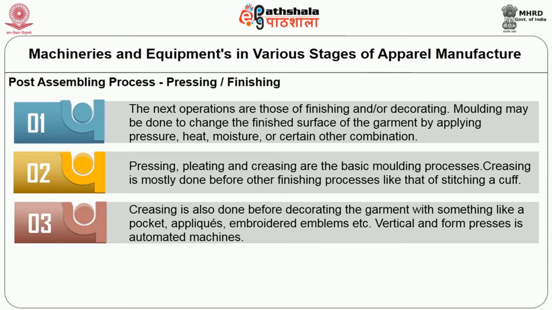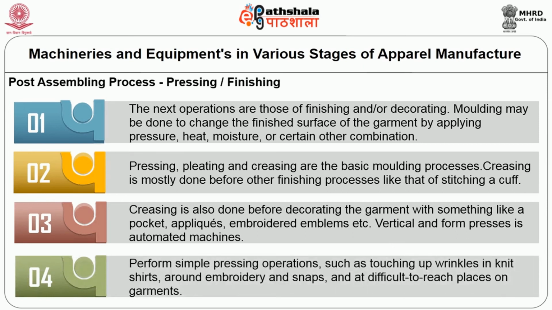Vertical and form presses are automated machines. They perform simple pressing operations such as touching up wrinkles in knit shirts around embroidery snaps and at difficult to reach places on the garments. So this machine is an example of finishing jackets.